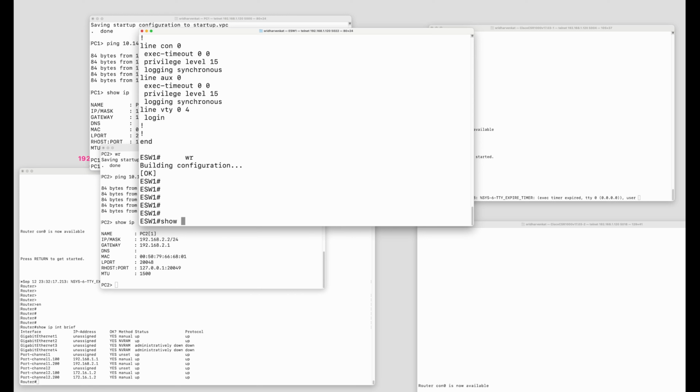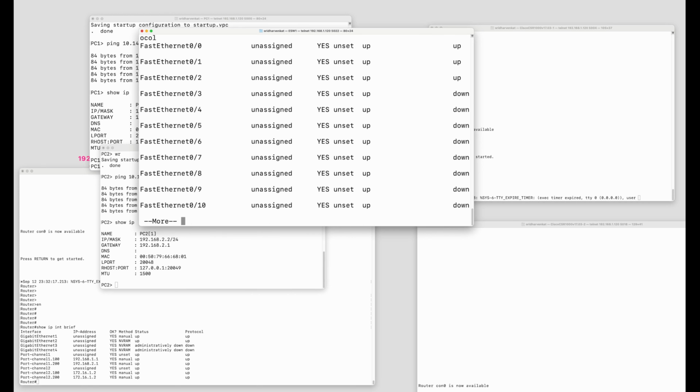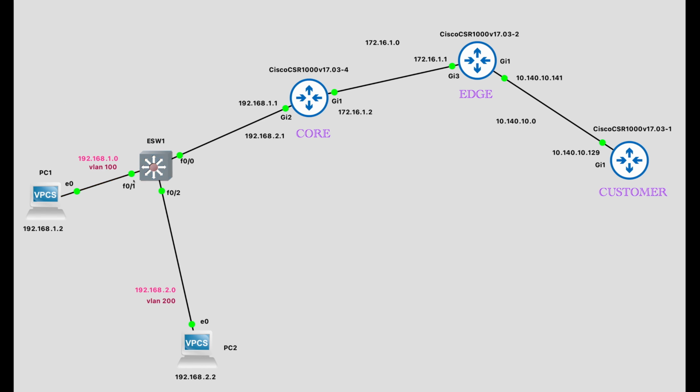So show IP int brief. And the first three ports 0, 1 and 2 are up and running. And if you look at the configuration, the F01 and F02 should be on VLAN 100 and 200, and F00 should be a trunk port. Let's verify that.